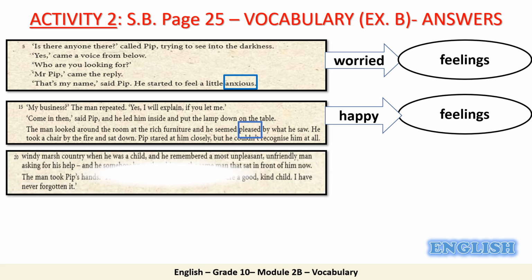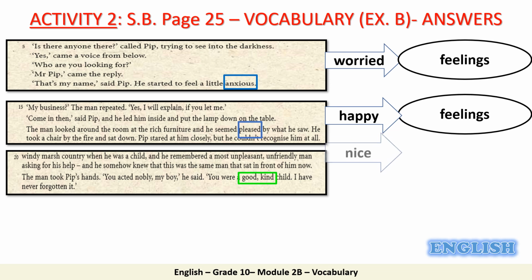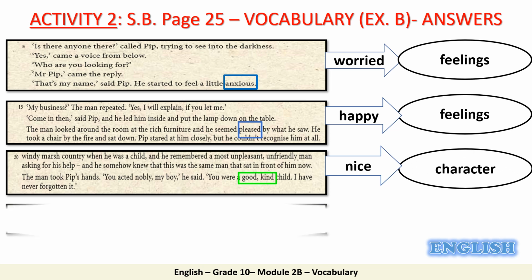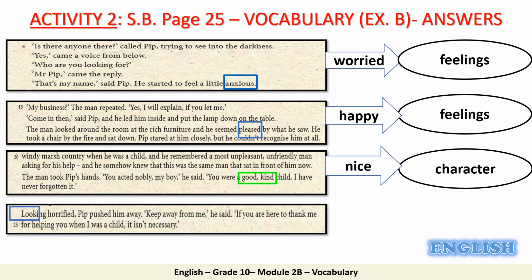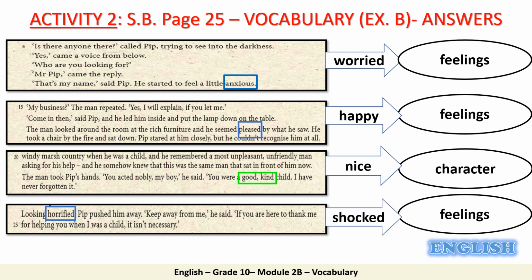Moving forward to line 22, 2 adjectives, good and kind, meaning nice, and they describe character traits. The last one is found in line 24, which is horrified, meaning shocked, and it expresses someone's feelings.